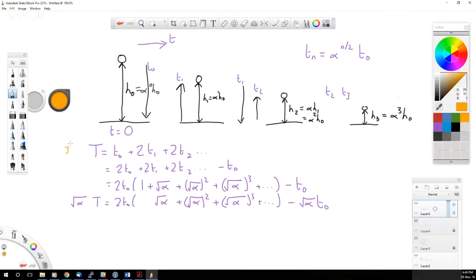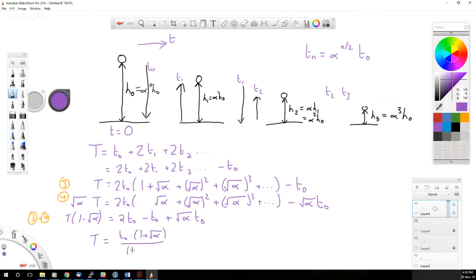Put the T here, just to make this clearer. So calling these equations 3 and 4, and going 3 minus 4 gets us T(1 minus root alpha) equals 2T0 minus T0 plus root alpha T0, and that way T equals T0 (1 plus root alpha) by (1 minus root alpha).